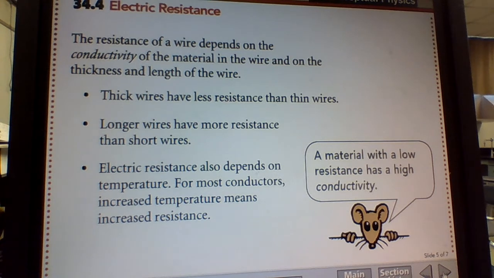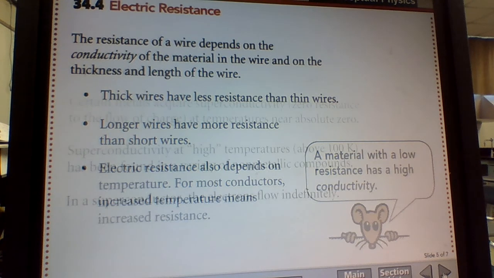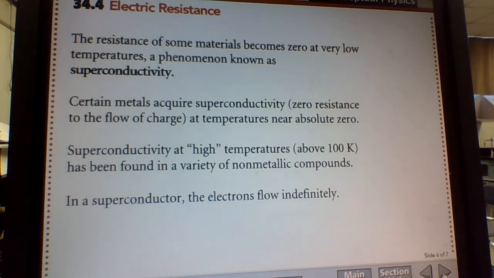But electric resistance also depends to a certain degree on temperature. And for most conductors, anytime we increase temperature, we're also going to increase resistance. Now, there is the property of some materials that when we get very close to 0 Kelvin, we start to see a phenomenon known as superconductivity.